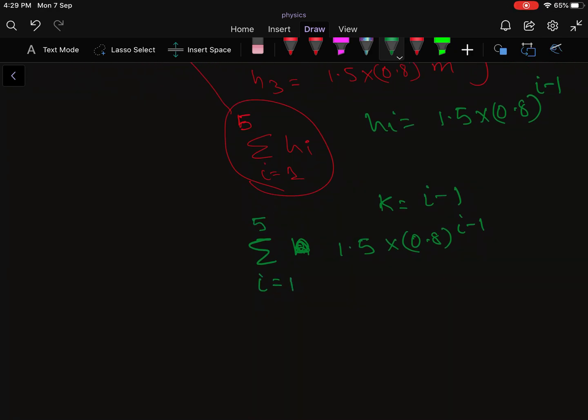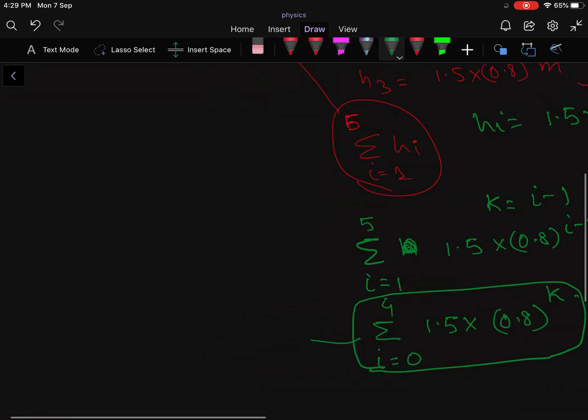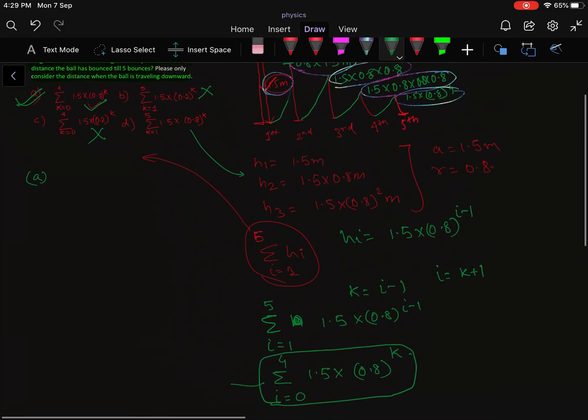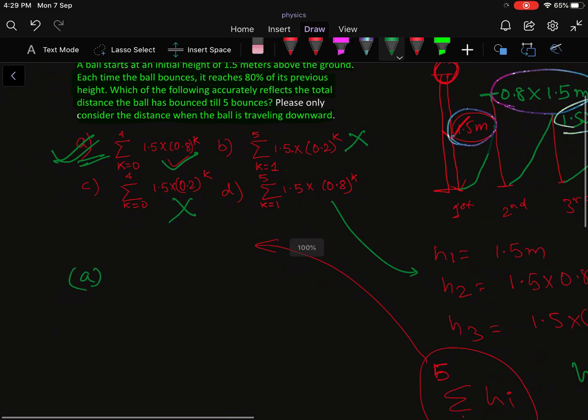Now replace i with k plus 1. So for k, the limit becomes 0 to 4, and this becomes 1.5 into 0.8 to the power k, since i minus 1 is now k, correct? The option A is given in this form. So the answer will be A.